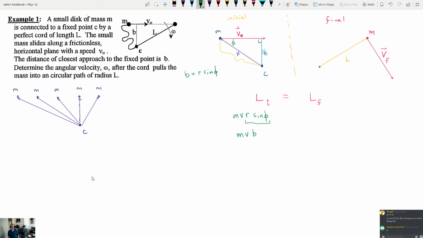That shortest perpendicular distance, how did it say it over here? The distance of closest approach is b, right? Notice that that actually ends up giving you a value that corresponds to, do you remember from torque? This distance is kind of like the lever arm, right? In torque, it's the shortest perpendicular distance to the axis. Can you all see that?